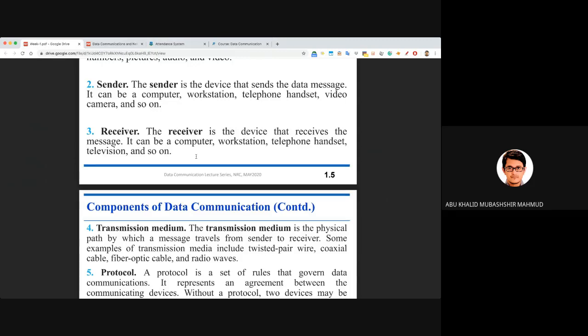I am the sender and you are the receiver. What I am using is a computer which sends my message to your receiver, which can be a telephone handset, which can be a computer, and so on. So this sender and receiver are very important.